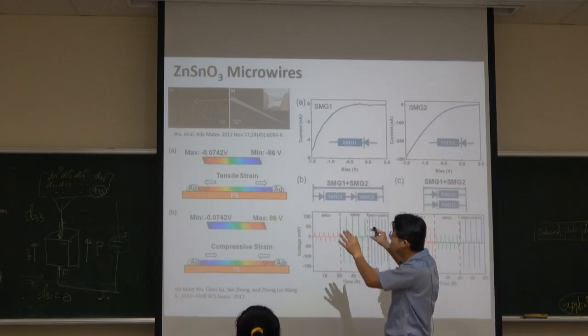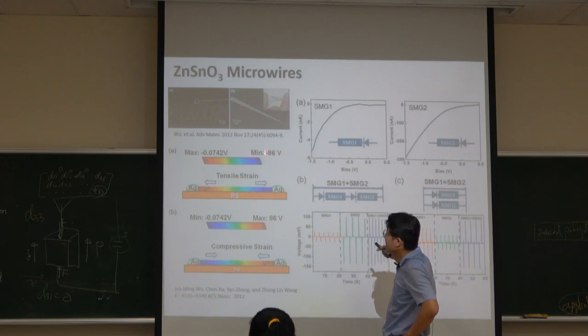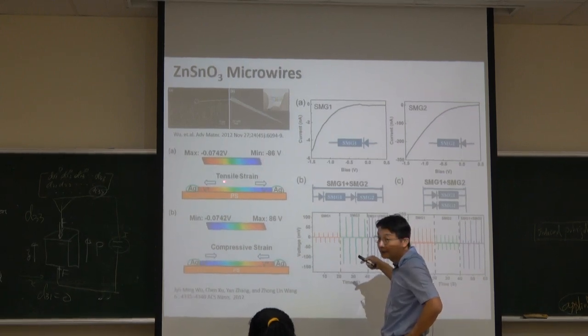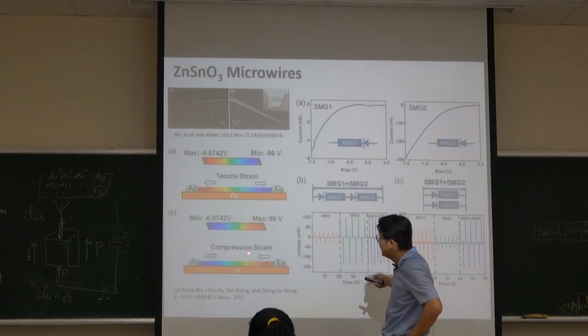If I apply stress on it, it can generate an output voltage of about plus or minus 86. This is for tensile strength. If I apply compressive strength, it generates positive 86.